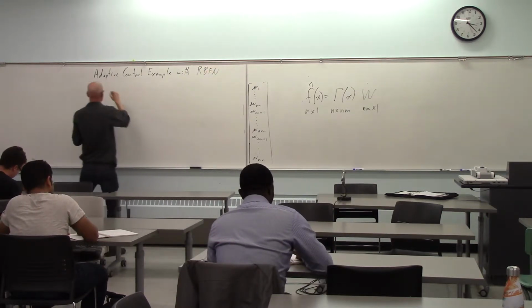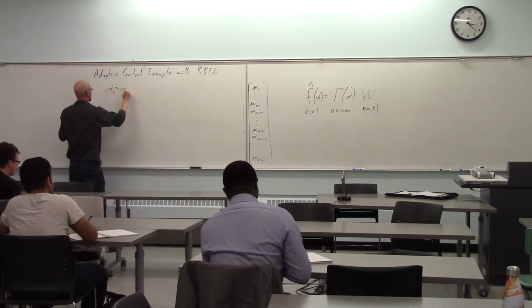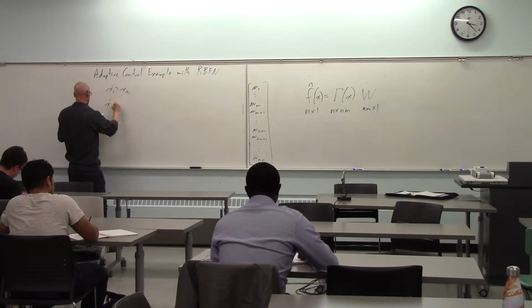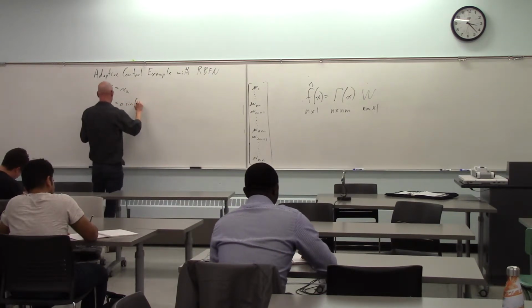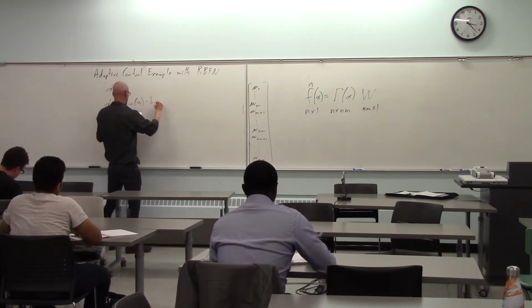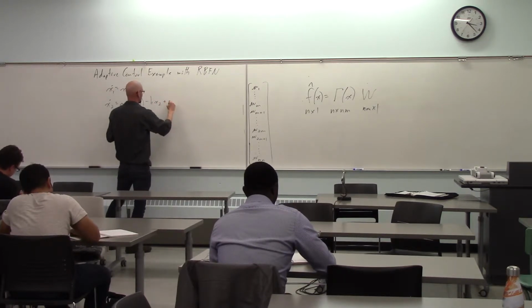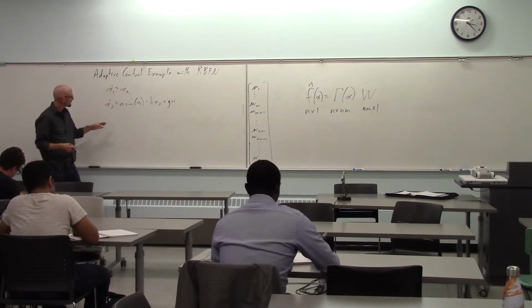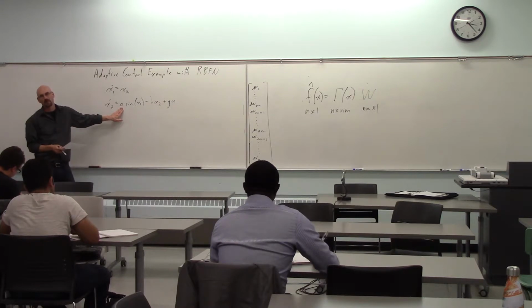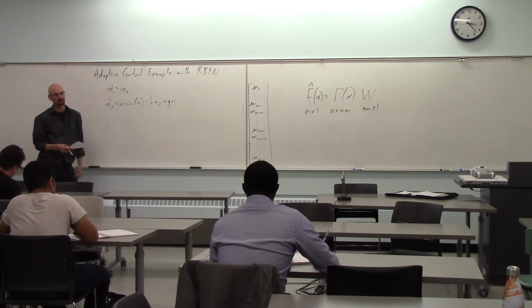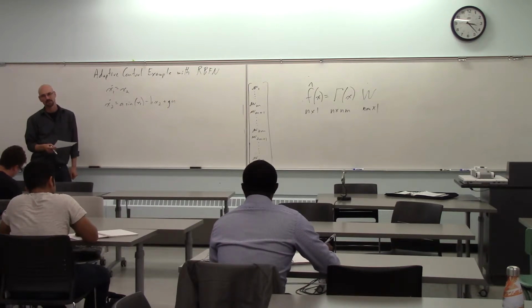Radial basis function network. This is probably a terrible example because obviously you could use normal adaptive control here. You just have an adaptive parameter for A and an adaptive parameter for B, because in this case it is linear in its parameters.